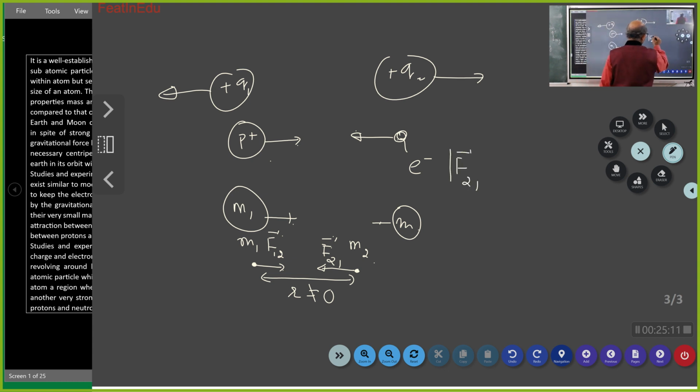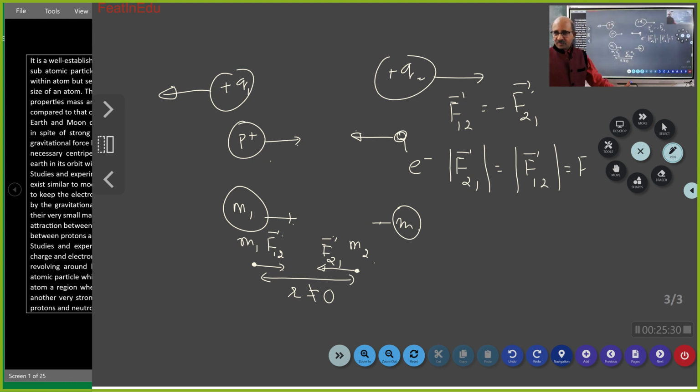I suppose you understand the symbol. The magnitudes of these two forces are equal. In other words, F12 is equal to minus F21. They are equal and opposite, in accordance with Newton's third law.